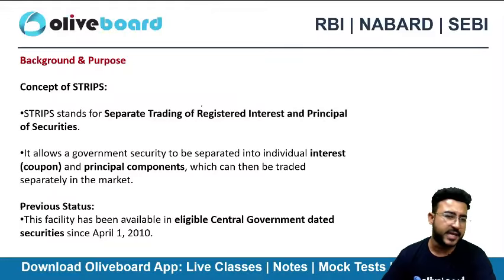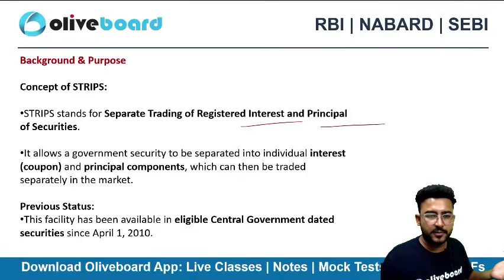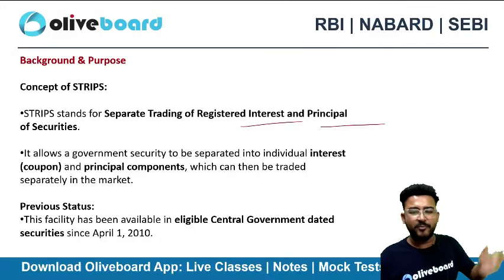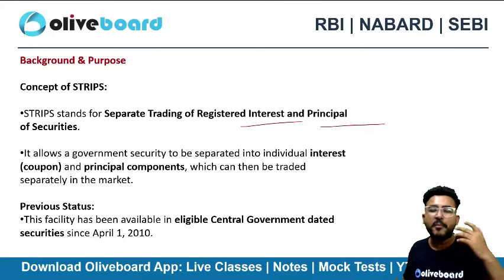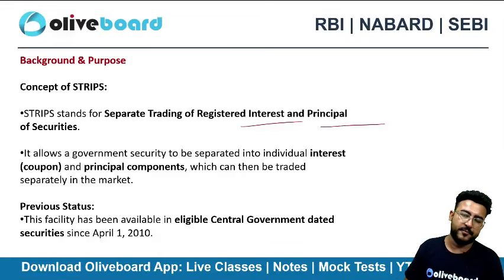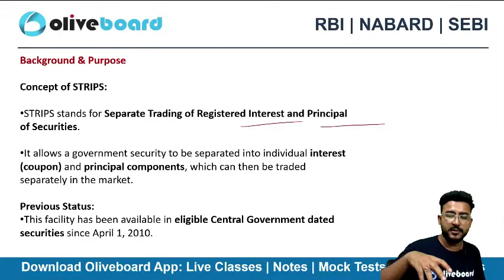So here I'm just segregating the interest components and the principal components. Why do we even need that? What is the requirement? It's a bond. It looks good. Why are you segregating it into 11 components? Because there is a need. Because there are buyers in the market. What if Bhakti is an insurer company? What if Bhakti is operating an insurance business?